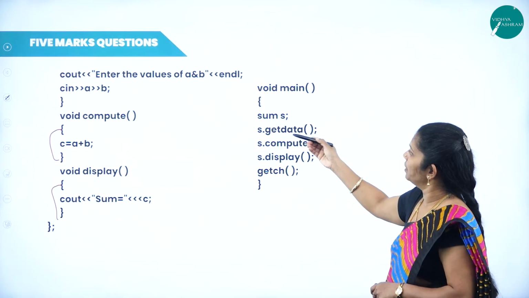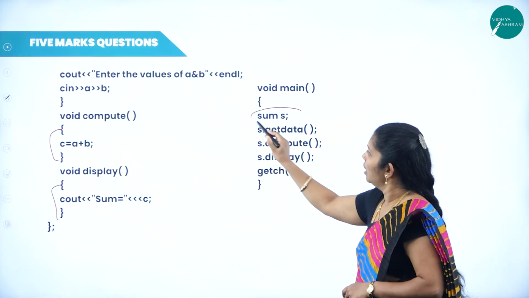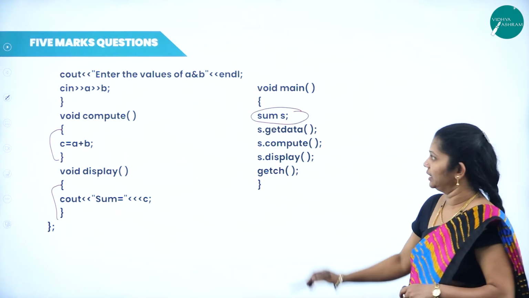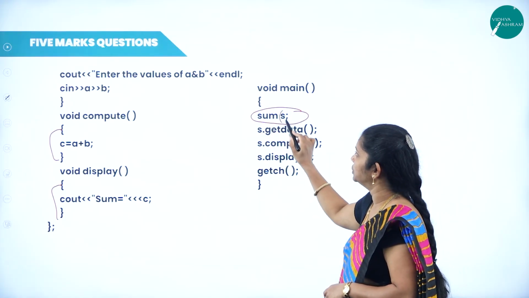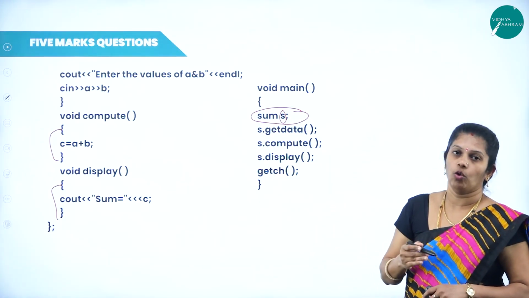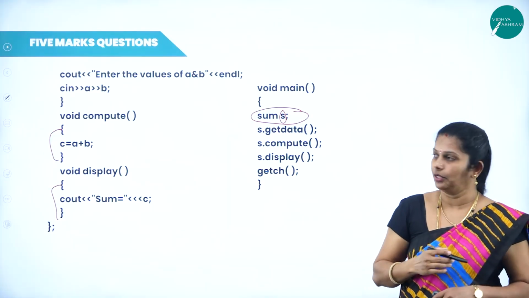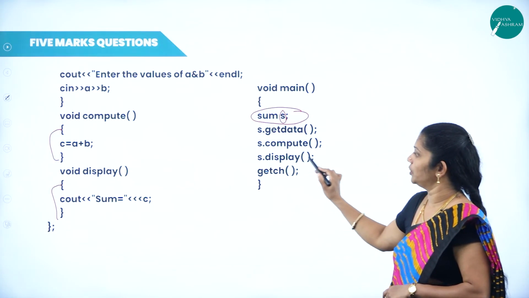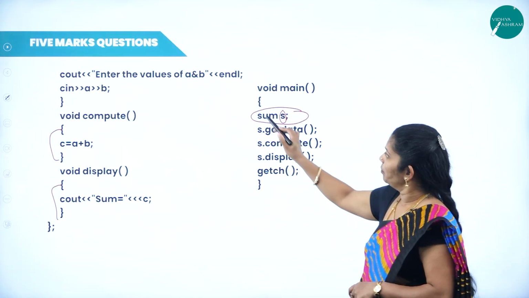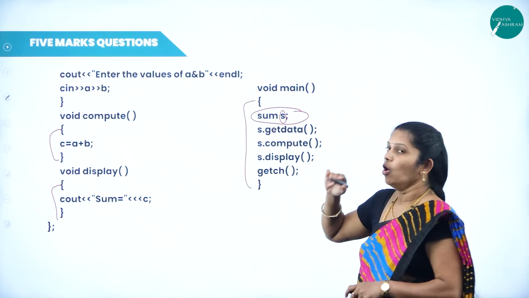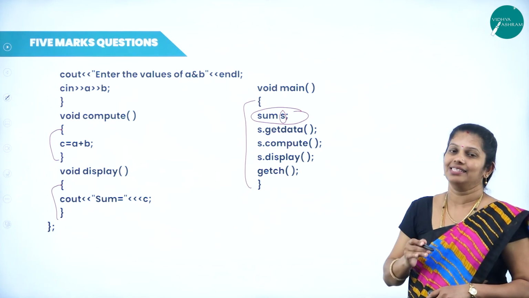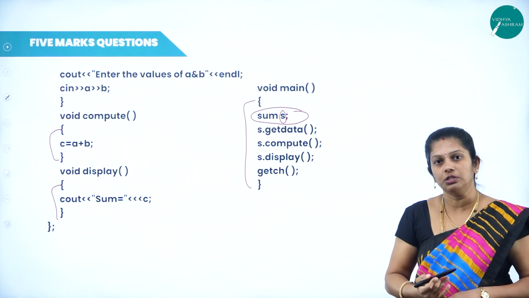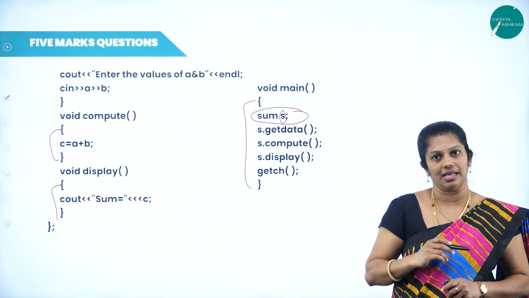Then in the main program, this is the object creation, that is class name sum, then object. Whichever name you want for the object, you can give here. Then s.getData, s.compute, s.display, then close the main program. Object of a class means once a class is defined, multiple objects we can create from that class. Now is it clear?